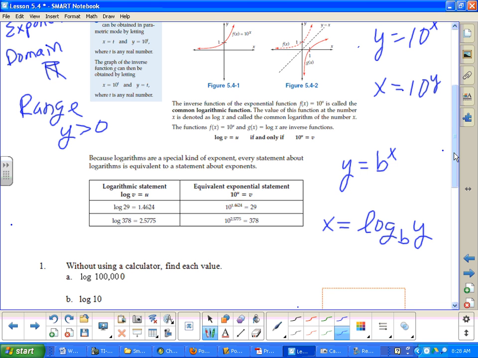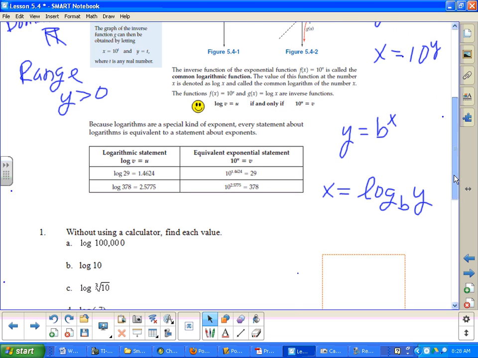So if you look here, it says the log of v is equal to u if and only if 10 raised to the power of u equals v. So the first thing we'll look at here is rewriting them. Okay, so changing from exponential form to logarithmic form and vice versa.